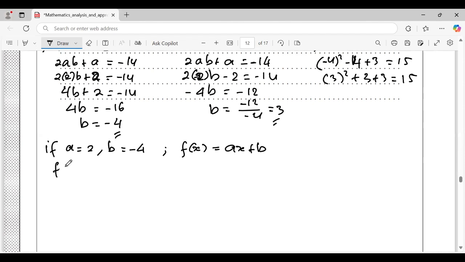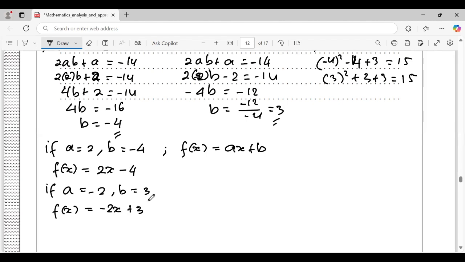The function will be f(x) equals 2x minus 4. If a equals minus 2 and b equals 3, f(x) equals minus 2x plus 3. So there are two possible functions, this one and this one.